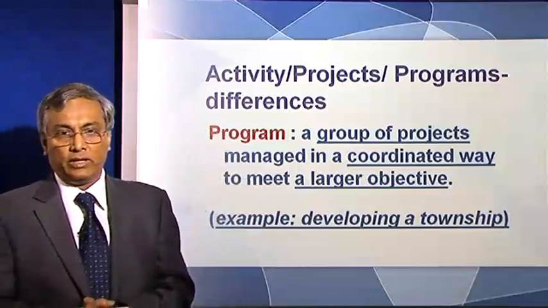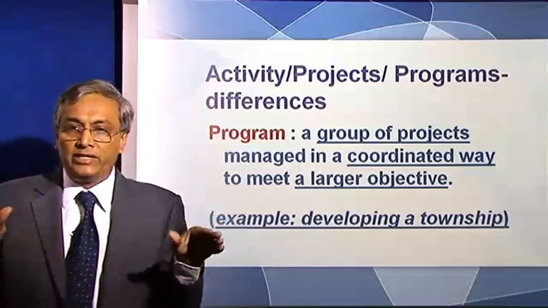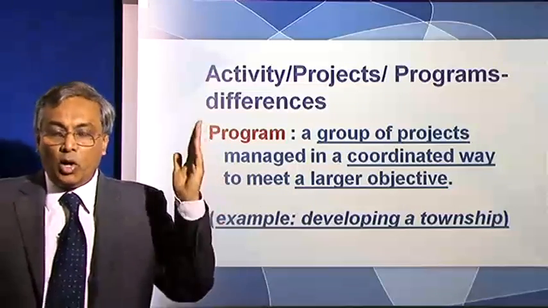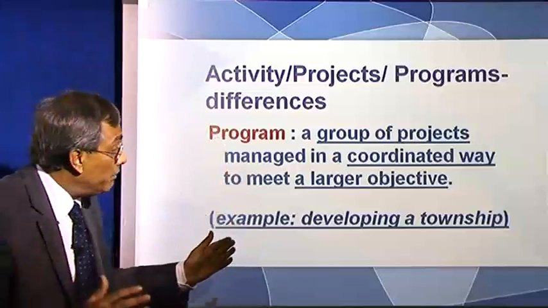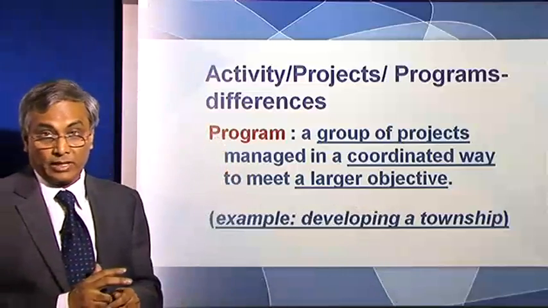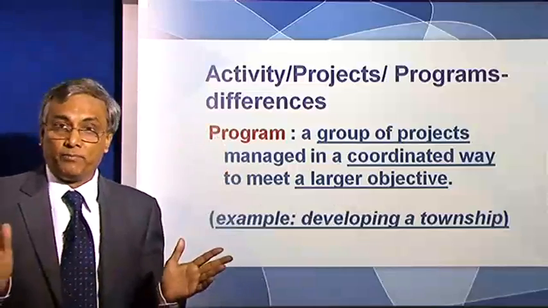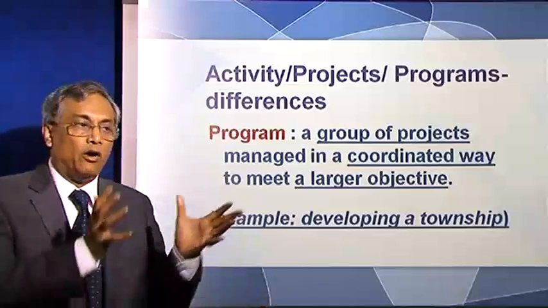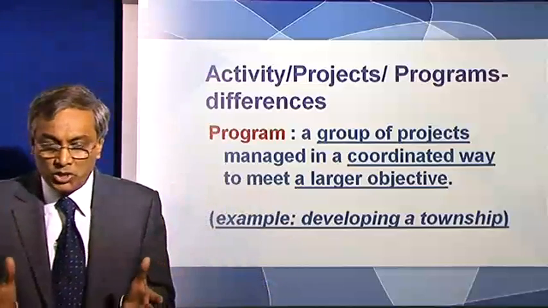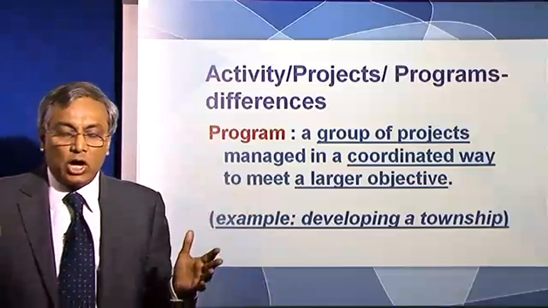For example, you know that building a foundation is an activity, building a wall is an activity, but building the house is a project. But developing a township becomes a program. So when you develop a township, you have several projects of houses, of roads, of schools, of hospitals.